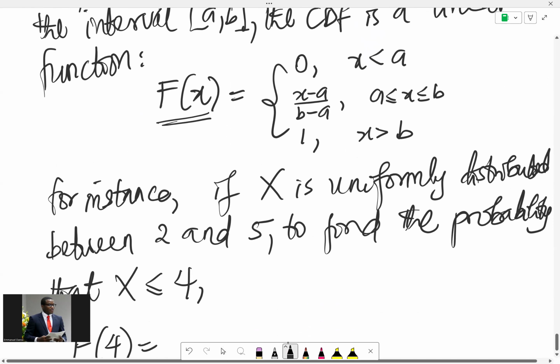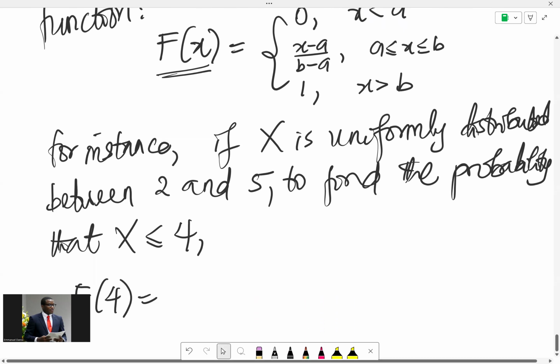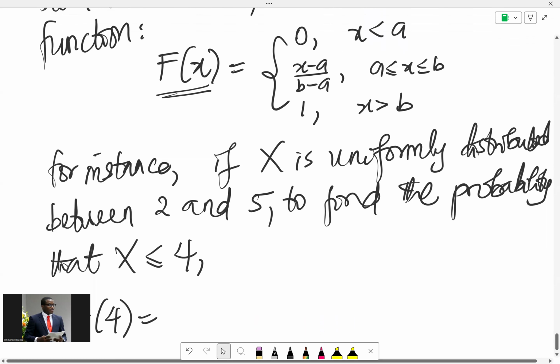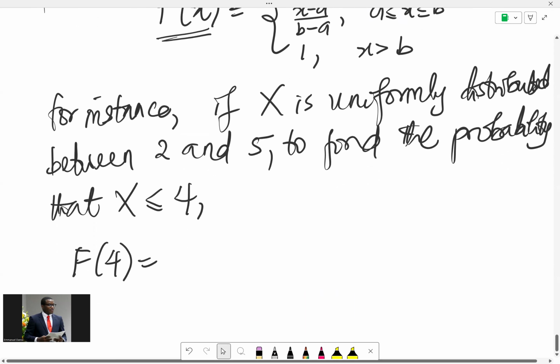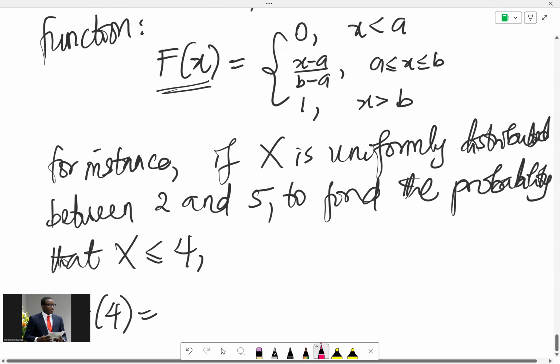If X was less than 2, then the function is 0. But because X lies between 2 and 5, the probability that we get X less than or equal to 4 would simply be, this second part is going to be applicable.